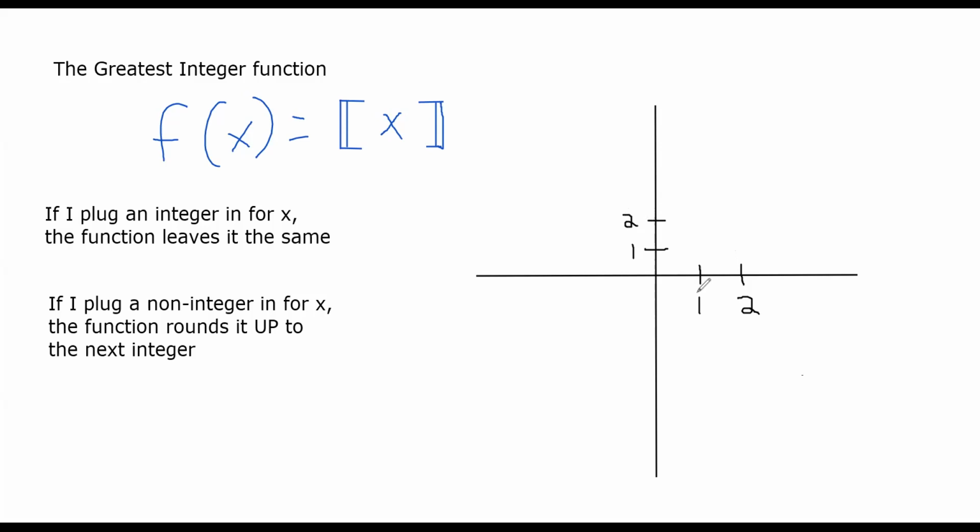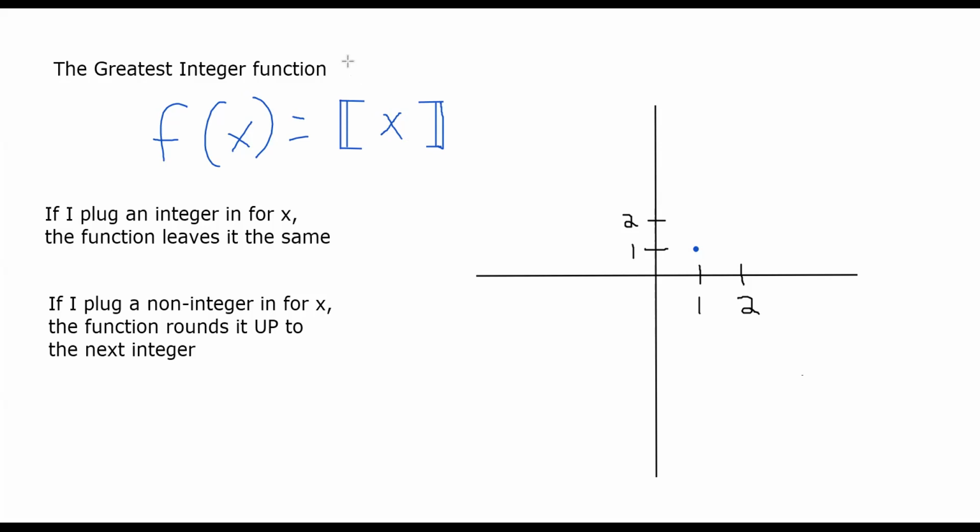When you plug an x value of 1 in, since 1's already an integer, it leaves it as 1. So that means this point is on here, 1 comma 1. But the second you go a hair greater than 1, say 1.02 or something, all of a sudden it's going to snap it up and round it to 2.